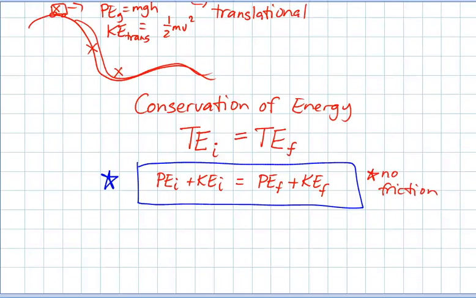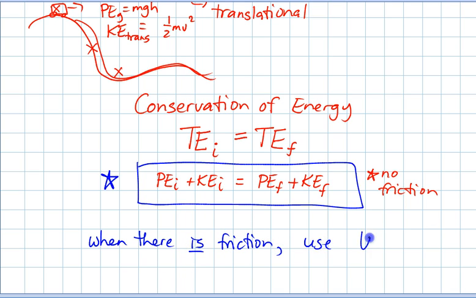When there is friction, I like to use the work kinetic energy theorem. So that one at least makes more sense in my head, but one of the nice things about energy and work is that there's several ways to solve problems, and you can use what works for you.